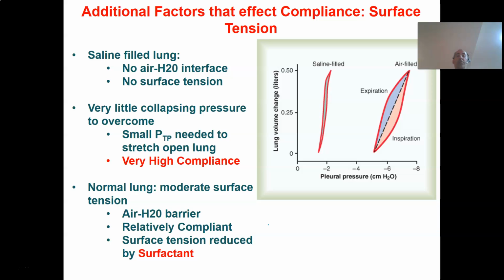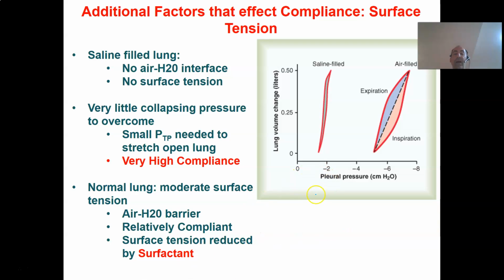That artificial surfactant was able to be injected into the babies, and this would help them increase their compliance and decrease their collapsing pressure, so that when they were on the ventilator, you could use less pressure to help the baby breathe and therefore cause less damage, and maybe even pull them off of the ventilator sooner, which ultimately long term is better for the baby. So we know what happens when surfactant isn't available. It's not good.